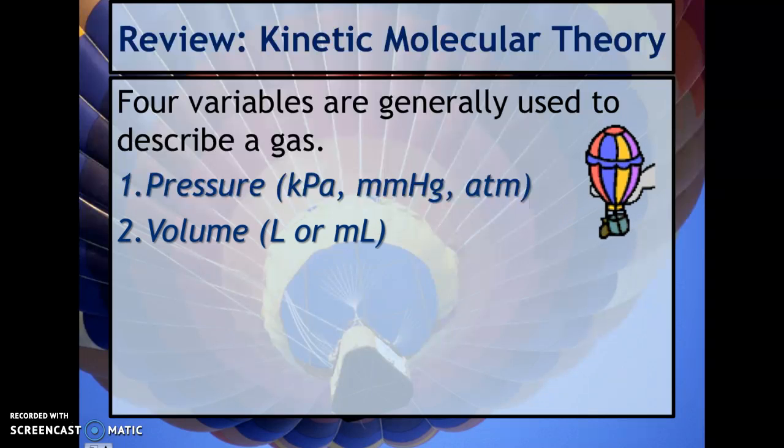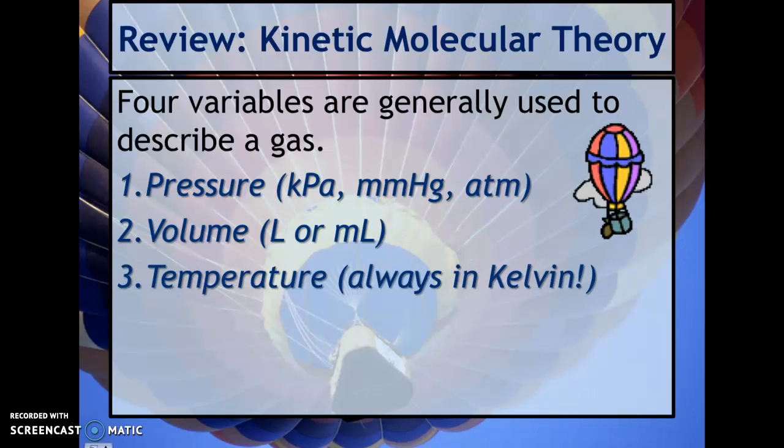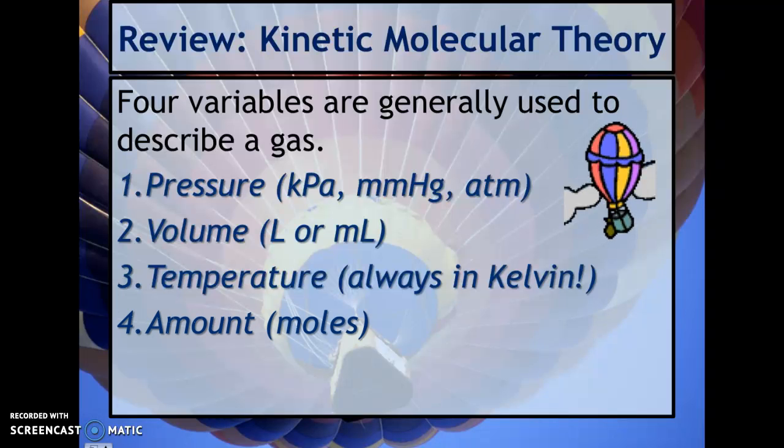The second variable is volume, which will be measured in either liters or milliliters. The third variable is temperature, which must always be measured in Kelvin. You may want to make a note that sometimes this will be given in Celsius and you will need to convert to Kelvin. The final variable that we'll talk about is the number of moles or the amount of substance.